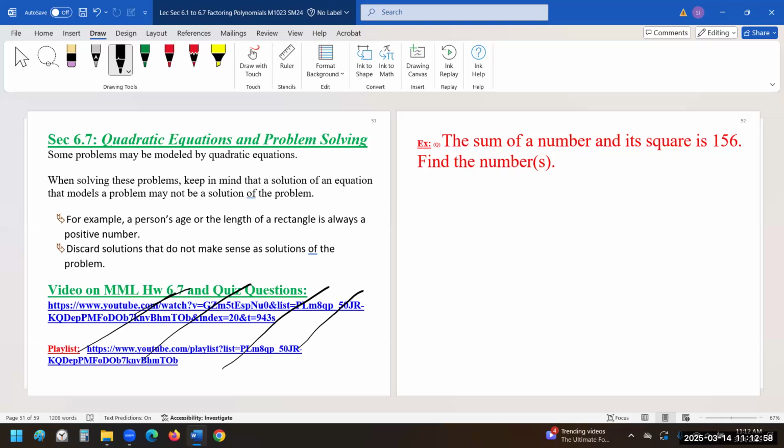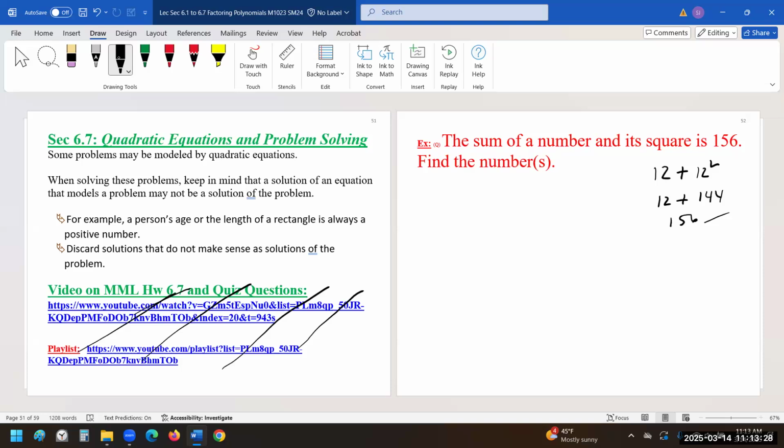Can you think of a number on top of your head? 12. Let's see. 12 plus 12 squared. 12 squared is 144, so we have 156. Good. One of the numbers is 12.